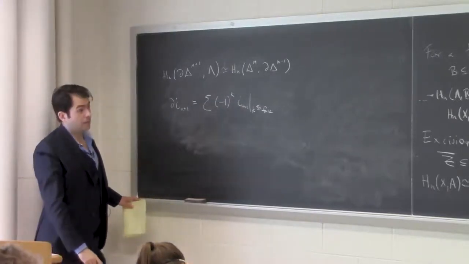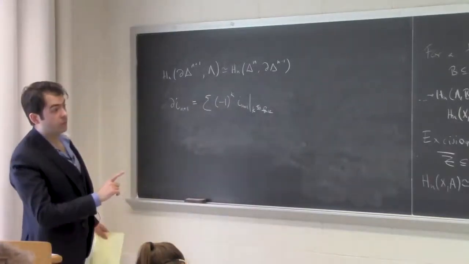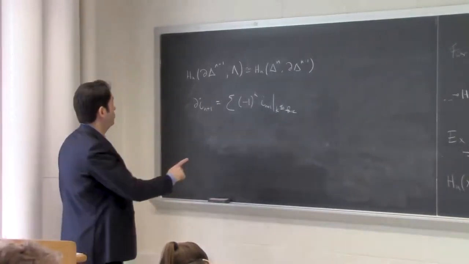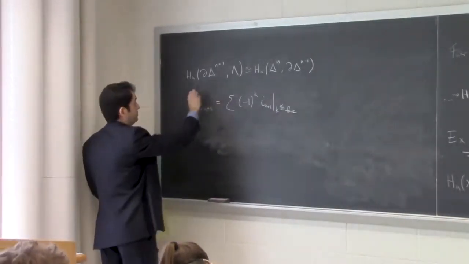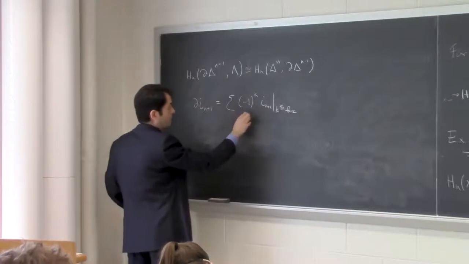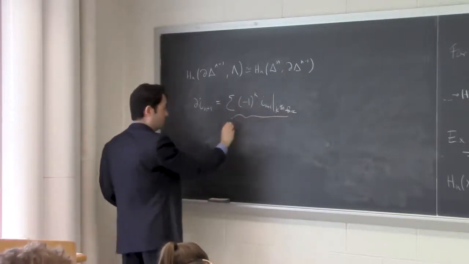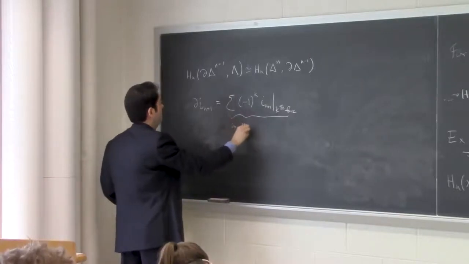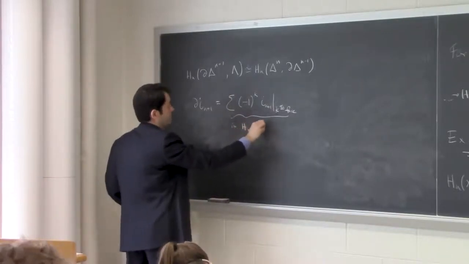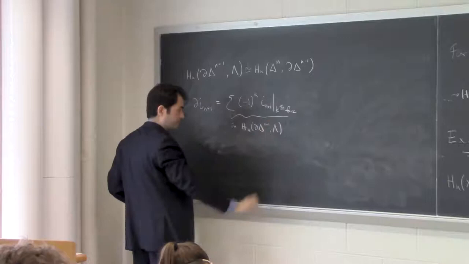Right? But I want this boundary to map into this group. Right? So I want the class that this generates in here.